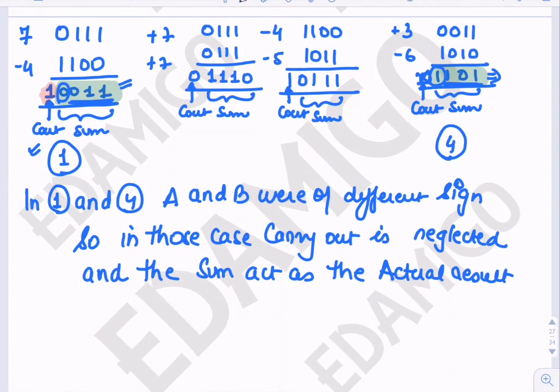This is very important: whenever A and B are of different sign, the carry out is neglected and the sum acts as the actual result. The MSB of the sum acts as a sign bit and the rest gives us the desired magnitude.